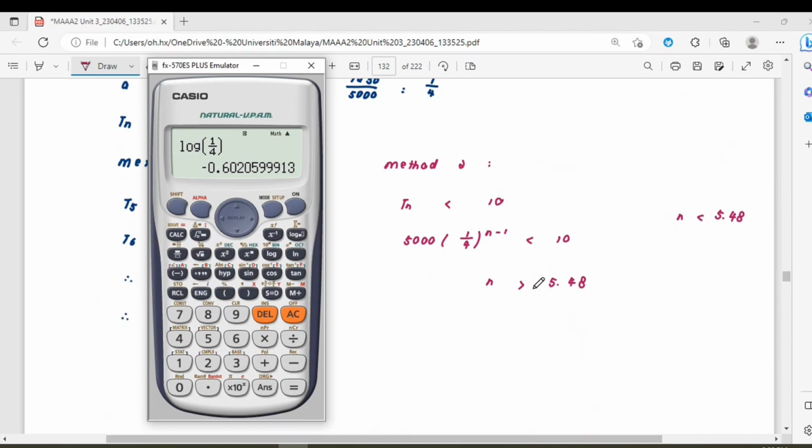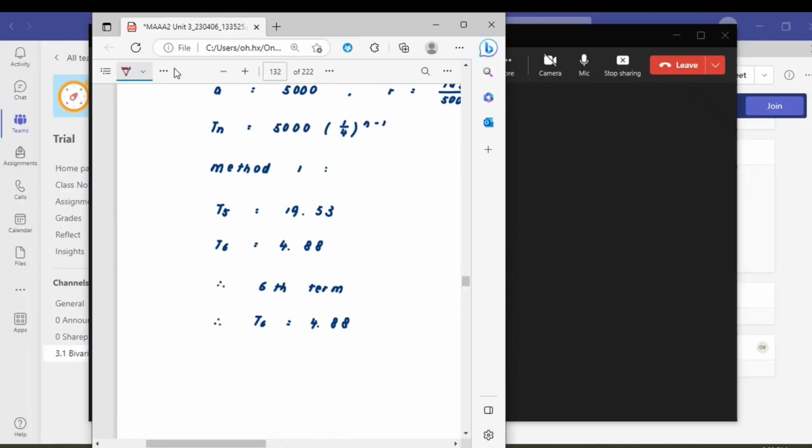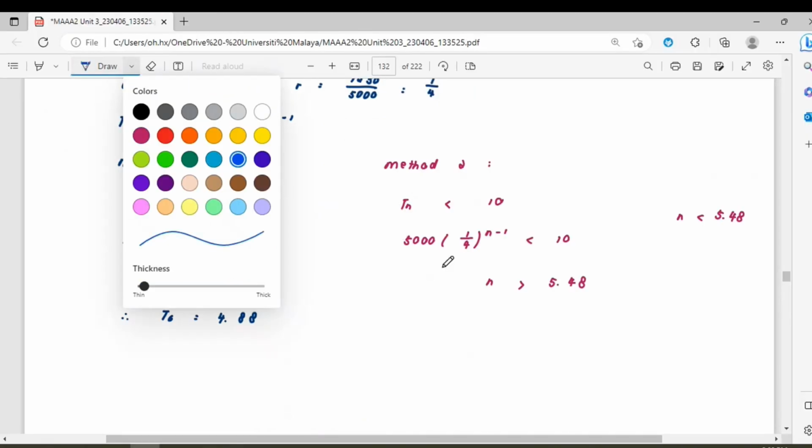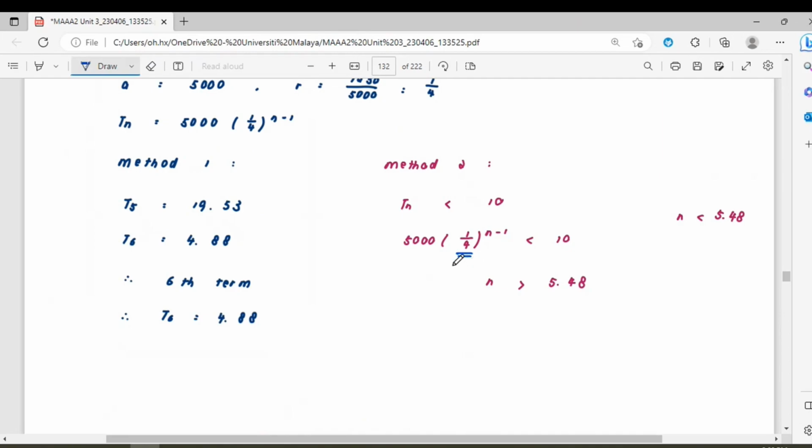Okay, so you do not really need to understand the idea behind it. The only thing is you need to make sure that for any number for your ratio here, if it's a number lesser than 1, then you need to flip the sign.